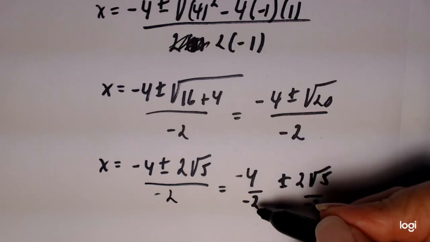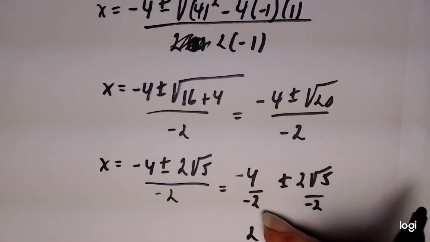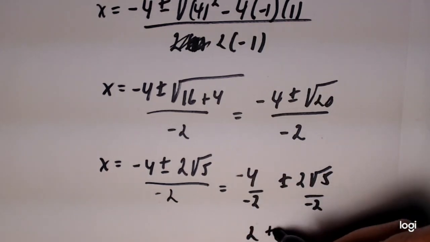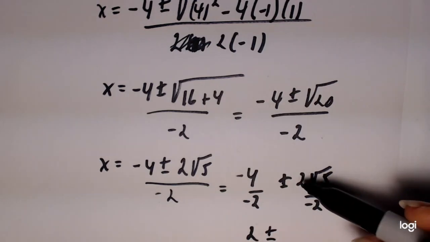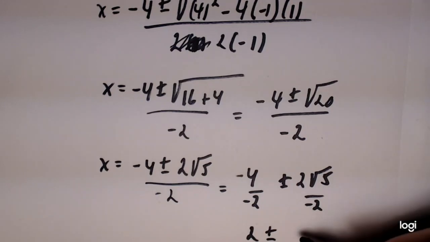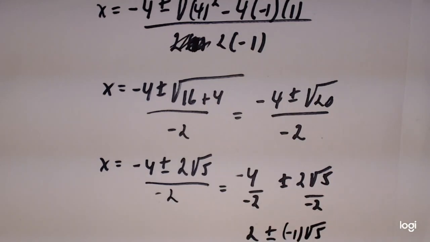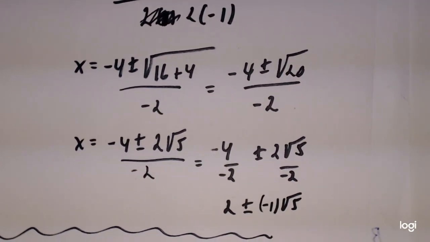Now, negative 4 divided by negative 2 is positive 2. 4 divided by 2 is 2. Negative, negative is positive, or plus or minus. And then here, 2 divided by negative 2 would be negative 1. So I'm going to write it in now. Negative 1 square root 5. However, because this is plus minus here, which says consider both the positive and negative roots, this negative sign doesn't really come into play in our final answer.